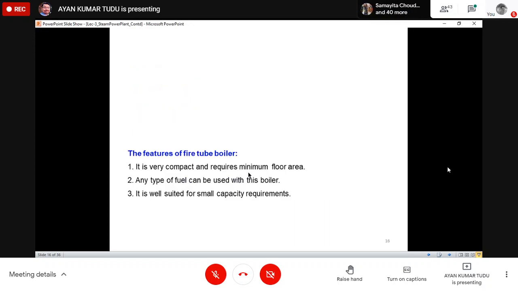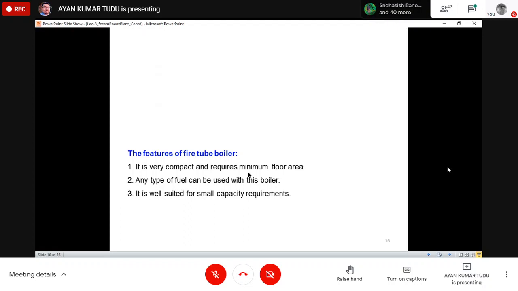It is very compact and requires minimum floor area. Any type of fuel can be used with this boiler, and it is well suited for small capacity requirements.